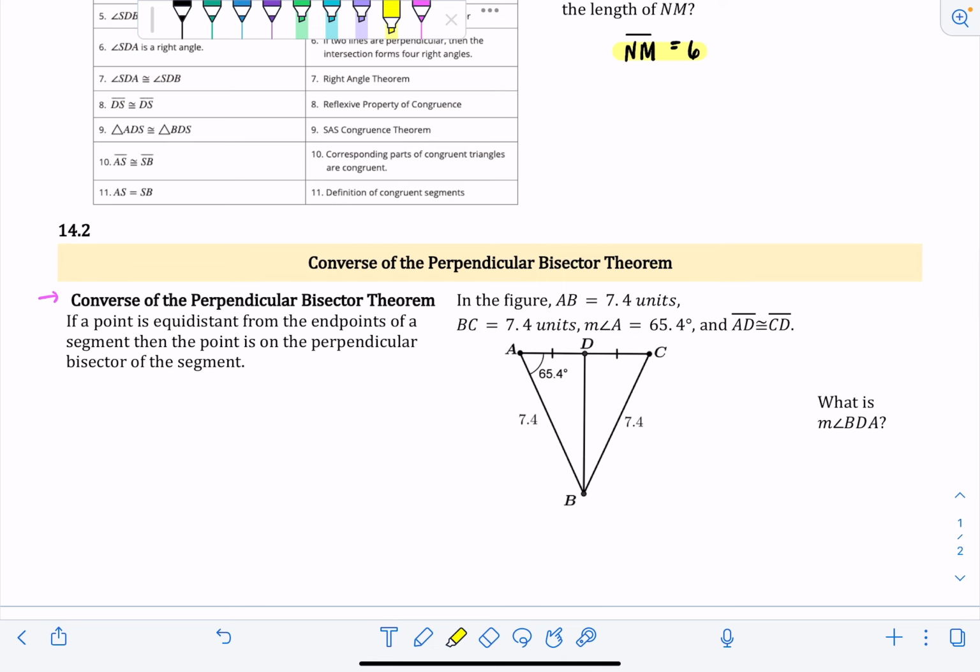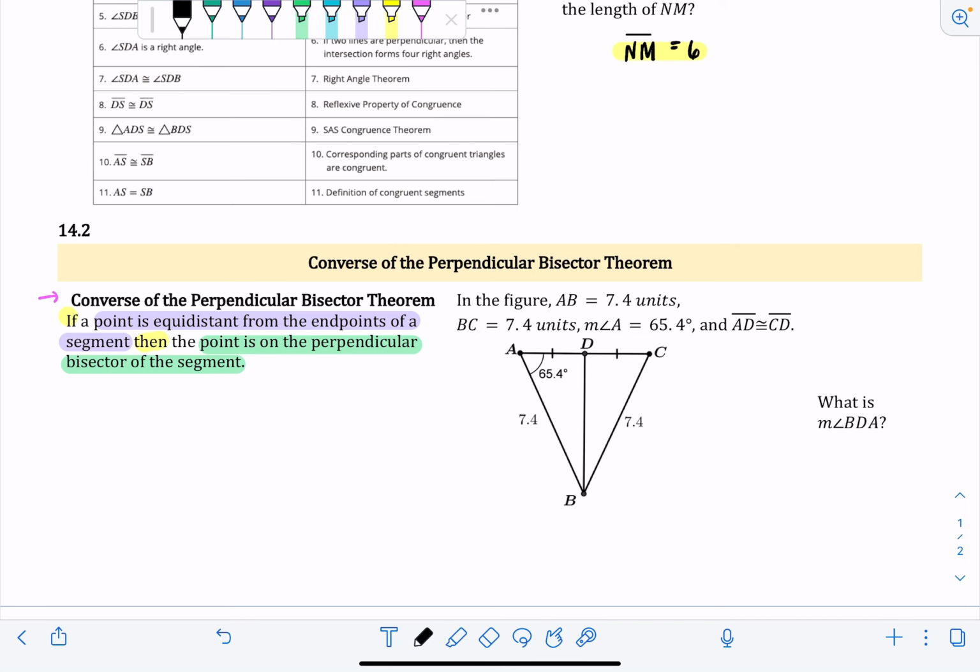Okay, so we have if and then in our statement. And then if a point is equidistant from the endpoints of the segment, that was originally our conclusion. It is now bumped to the front, kind of like a hypothesis. That's what a converse does. Then the point is on the perpendicular bisector of the segment. That was originally our hypothesis, our setup. This just switches the order.